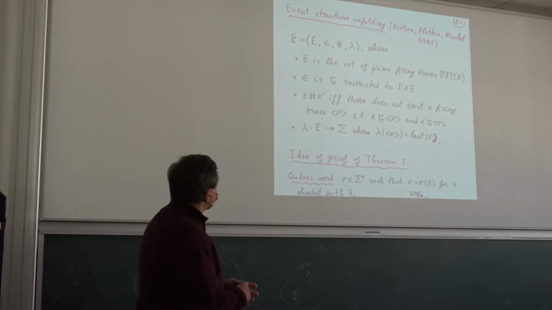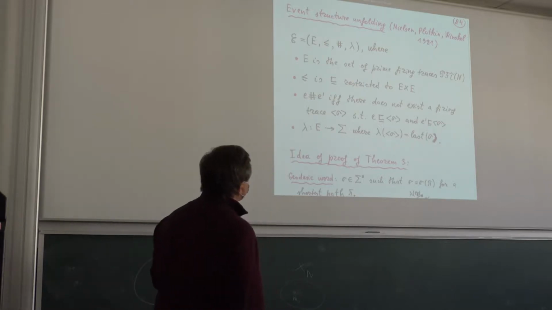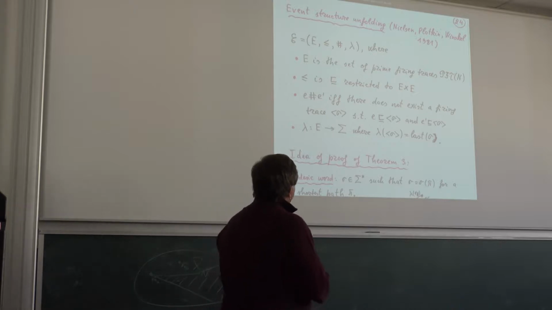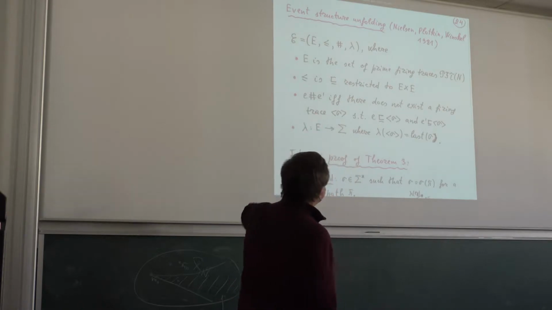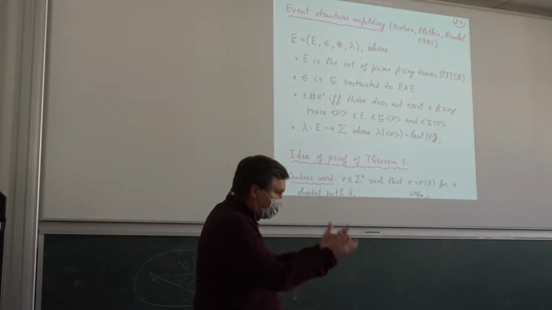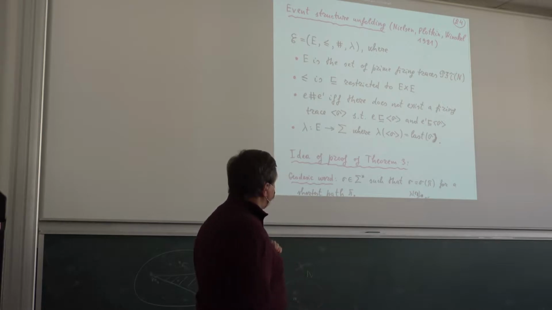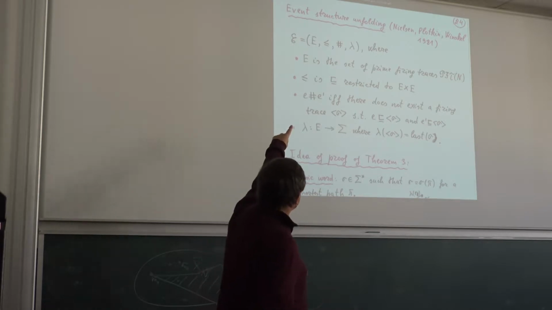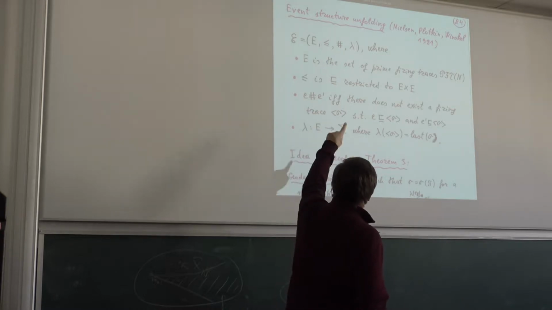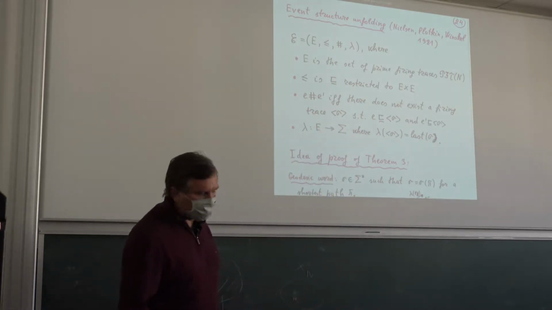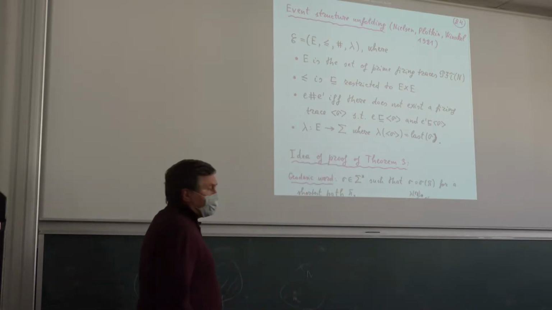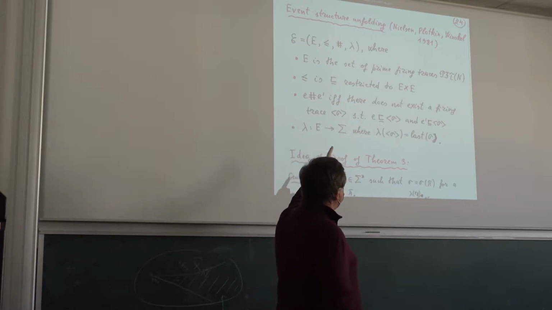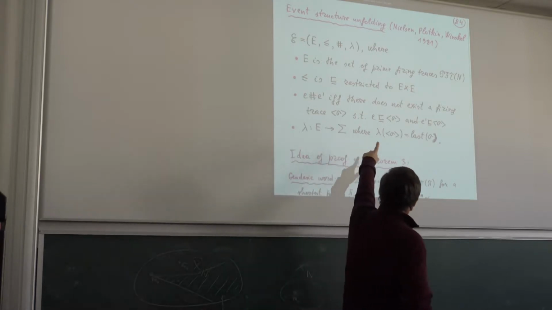And then this is the result of Nielsen-Plotkin-Winskell, saying that if you take a triplet such that E is a set of prime firing traces over a one-safe Petri net, with the precedence relation, which I don't specify, restricted to the prime traces. And the conflict is: two traces are in conflict if there does not exist a third trace for which you have such a property.